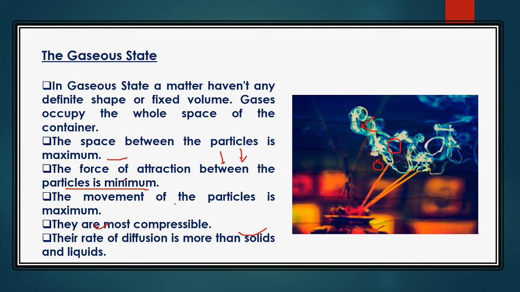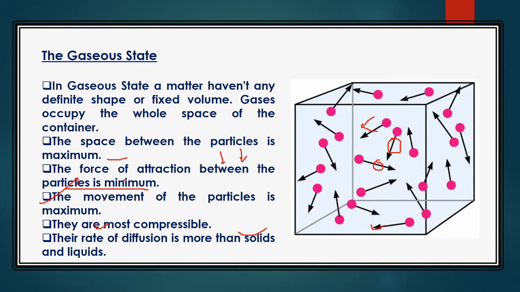Next, the movement of the particles is maximum in gas. Since the particles are not closely packed together, they are free from each other and that's why they travel randomly inside the container. Here you can see the motion of the particles. That's why it is said that the movement of the particles in the gaseous state is maximum.